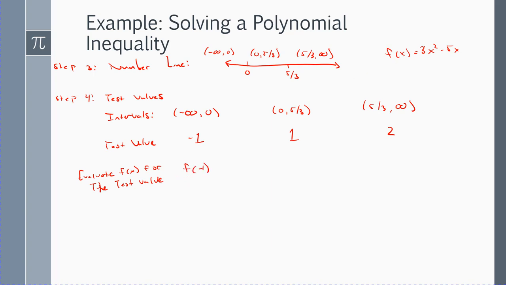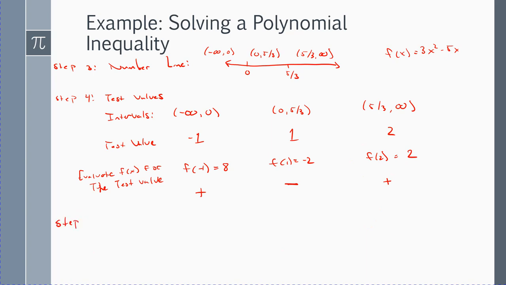If you plug -1 into this, you're going to end up getting 3 plus 5, so this is 8. So this is positive. If you end up plugging 1 into this, you end up just getting 3 minus 5, so this is -2. So this is negative in this interval. And then, you know, f of 2 here, right? 2 squared is 4 times 3 is 12 minus 10. That gets you 2. So that means it's positive.